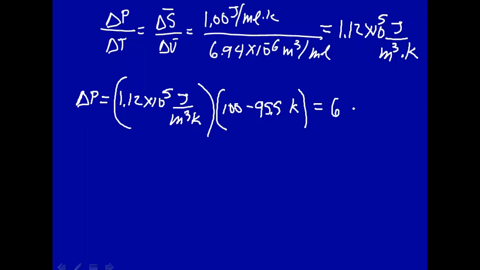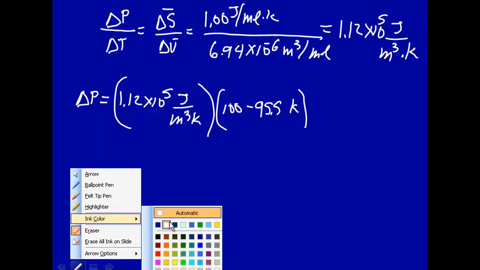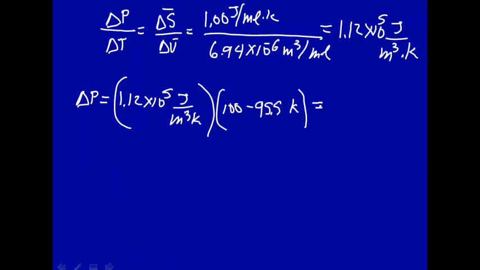It should be about 6. Now let me not do that yet. So this is equal to, where did I get it? Here it is. 5.0 times 10 to the fifth joule per meter cubed. All right.